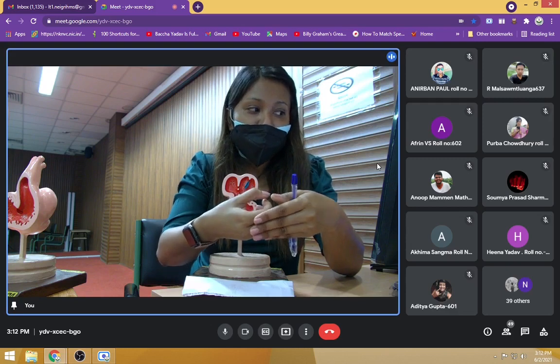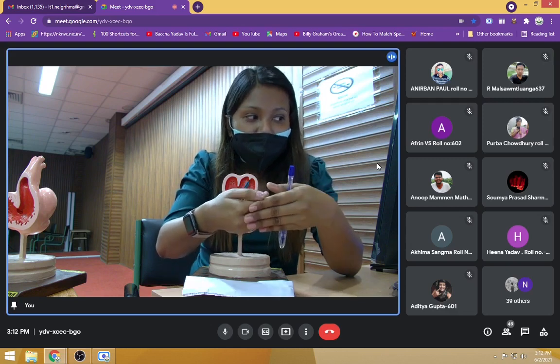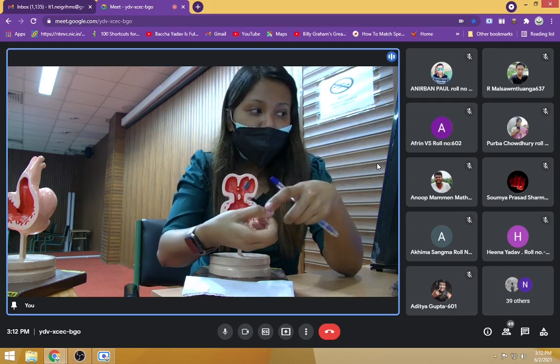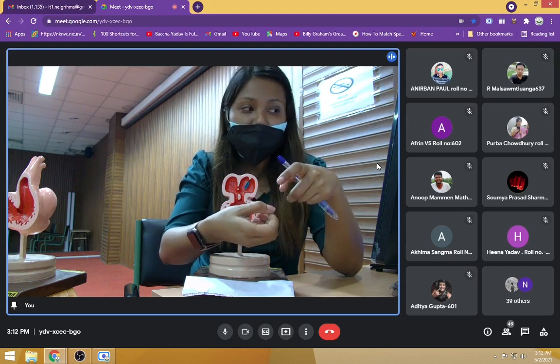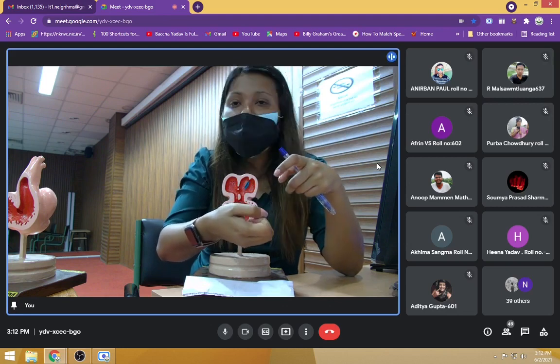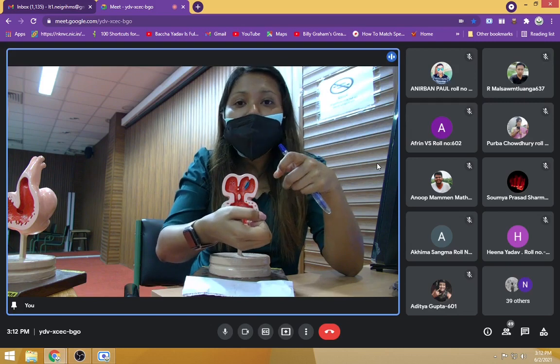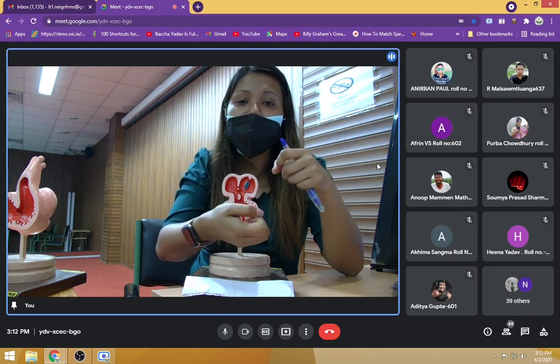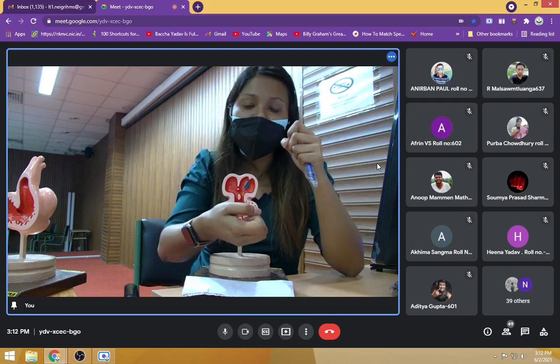If there is anterior displacement, the foramen of pulmonary artery will constrict and it will become stenosed, and that is known as pulmonary stenosis.